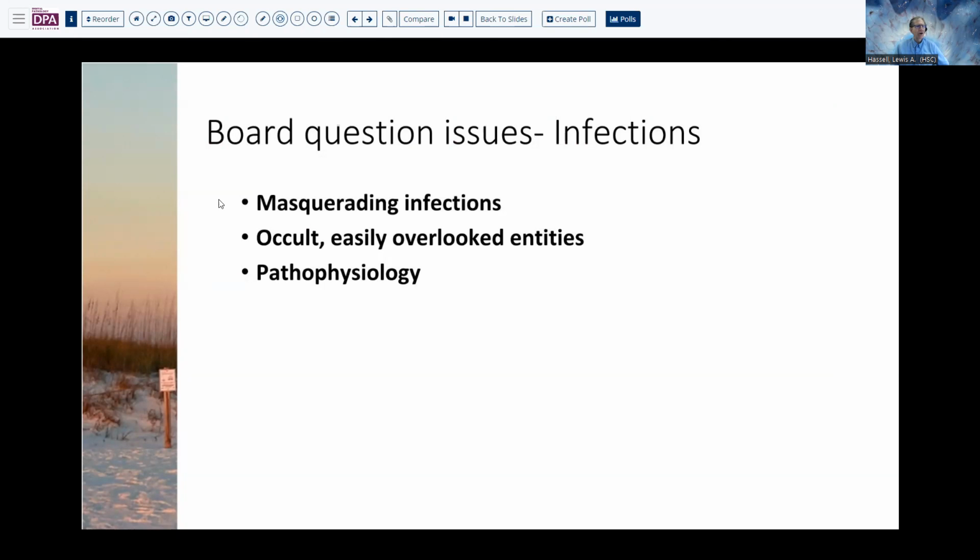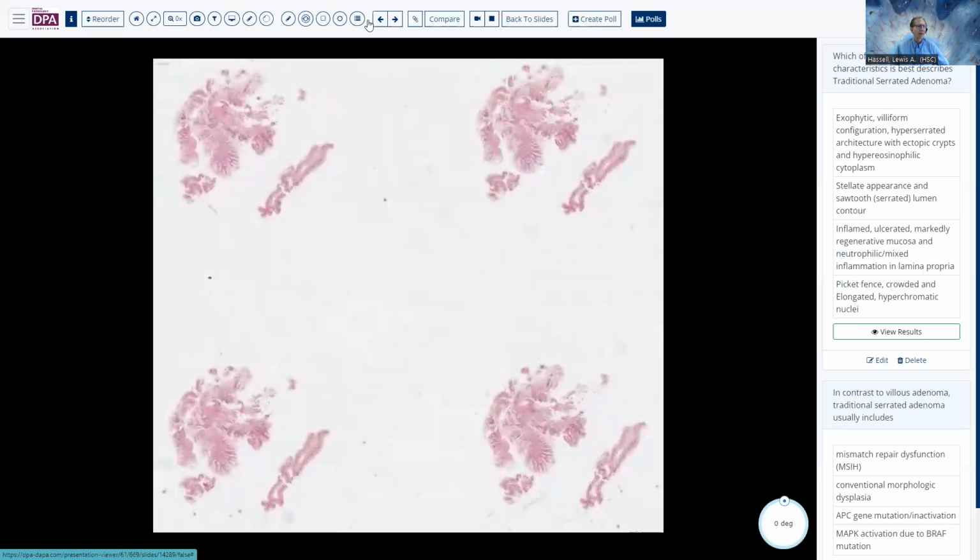Other infectious disorders that may masquerade as tumors or infectious diseases, granulomatous disease, especially around the terminal ileum, various other infections. Whipple's disease, you should be familiar with those and understand some of the pathophysiology of those infectious disorders. Life cycles of the parasites, of course, very critical to understand.